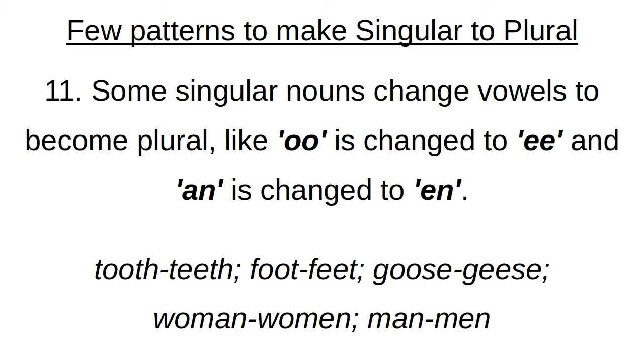Woman is changed to women. However, this is pronounced as women. You may prefer to write it as wimen, but it is women. We actually pronounce it as women. Man, men.